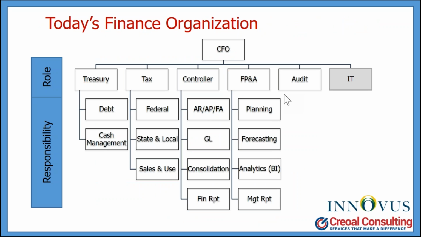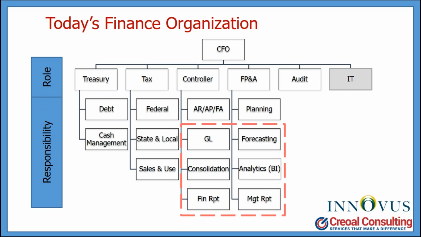So what we have here is a typical finance organization. This is not meant to be gospel. RJ and I have seen many organizations, and they are certainly not all structured like this, but this is what we typically see. And we highlight this because those folks in the middle, the people under the controller and the FP&A folks, the folks that are responsible for AR and AP and GL, consolidation and financial reporting under your controller, and then your FP&A folks that have forecasting, analytics, and BI.